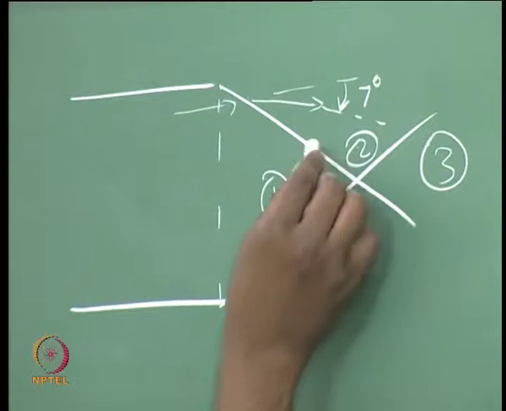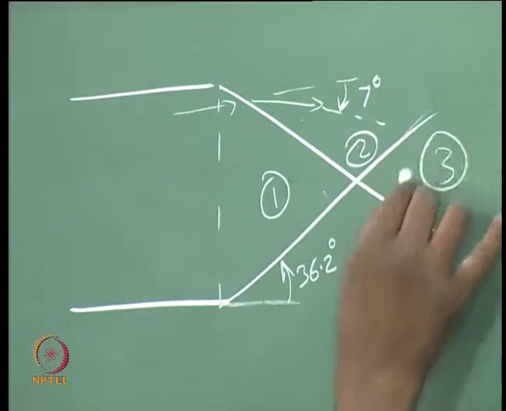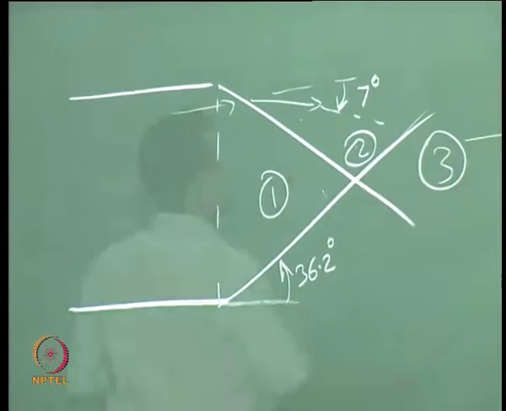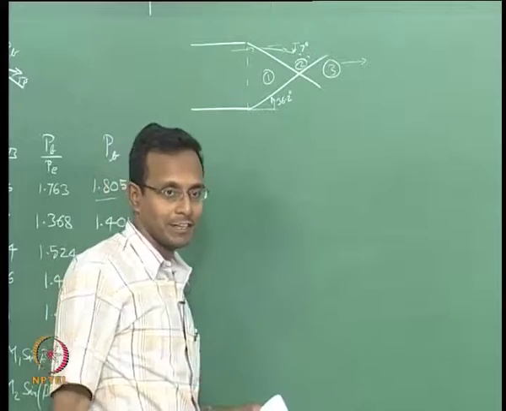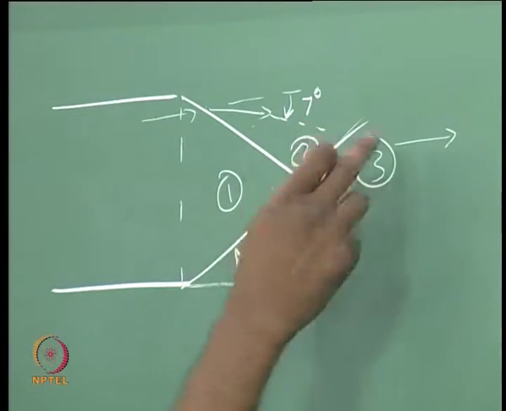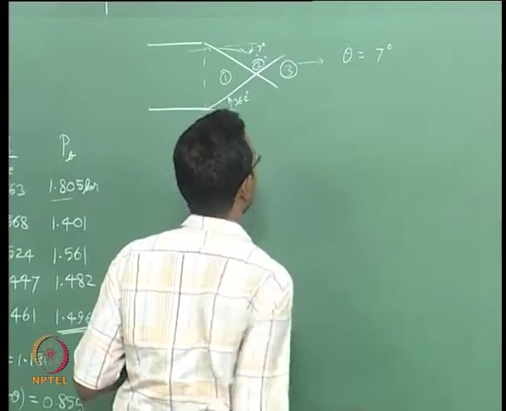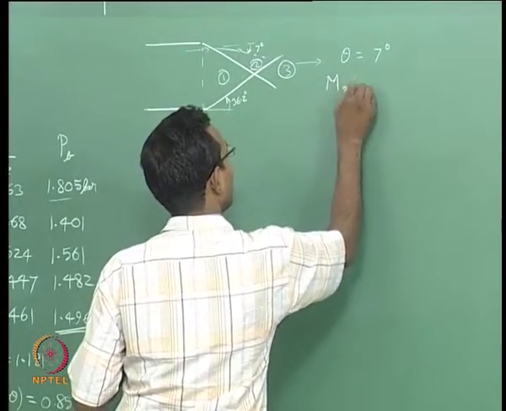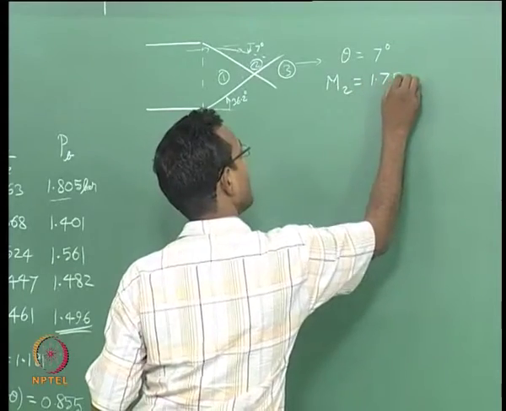I know my Mach 2 there, I have a shock which will turn it back to parallel to the axis. What will be that angle? Again 7 degrees. So, in this case I am given theta equal to 7 degrees as the input and M2 is given to be 1.753.